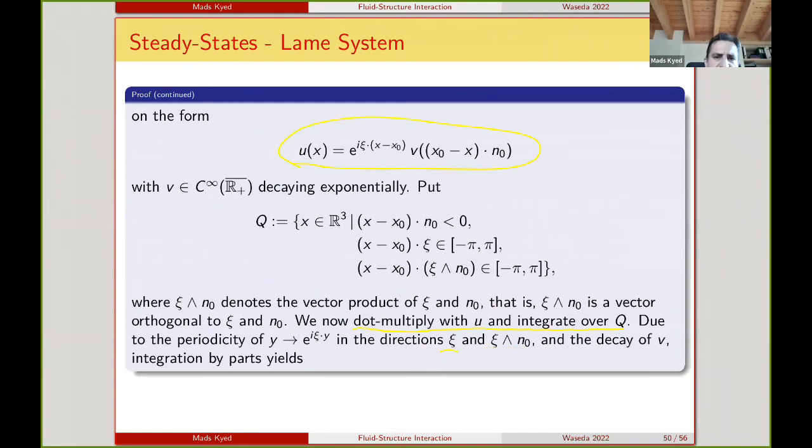So due to the oscillating factor here of periodicity in the tangential directions in my cube, that makes it easy to make an integration by parts. So that's why I fix this type of cube here.